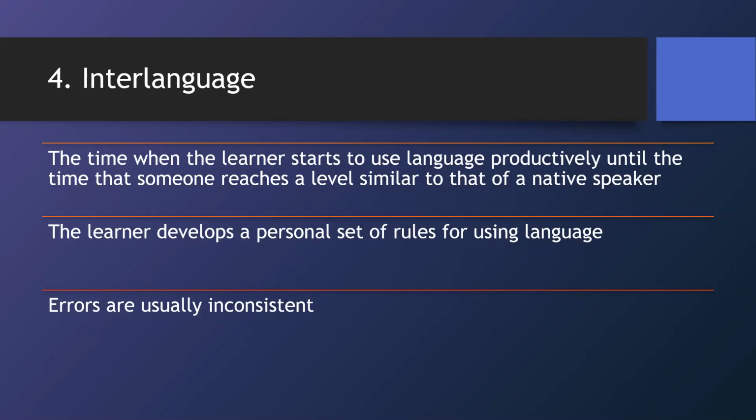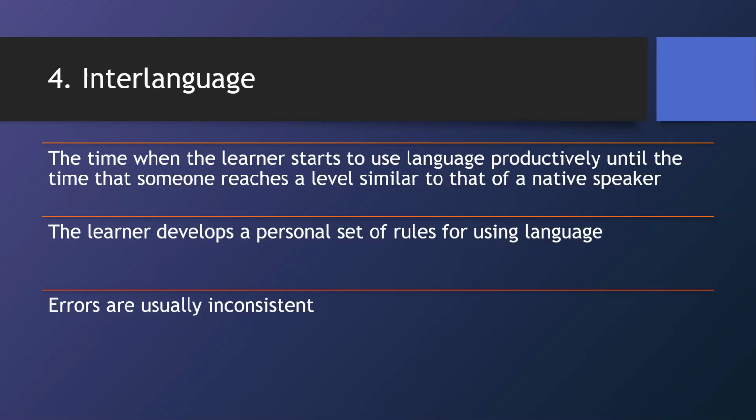And then as we become more proficient, or more formally educated in the language and its use, we edit those rules so that they become more and more congruent with the actual language.